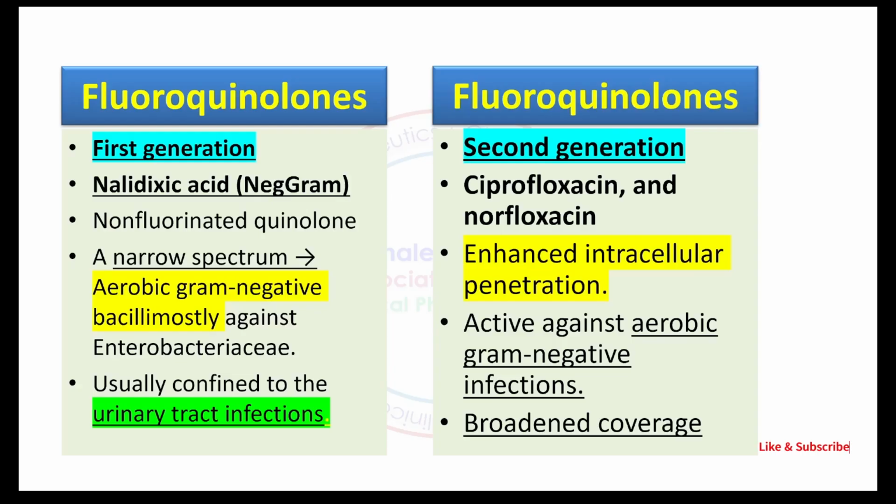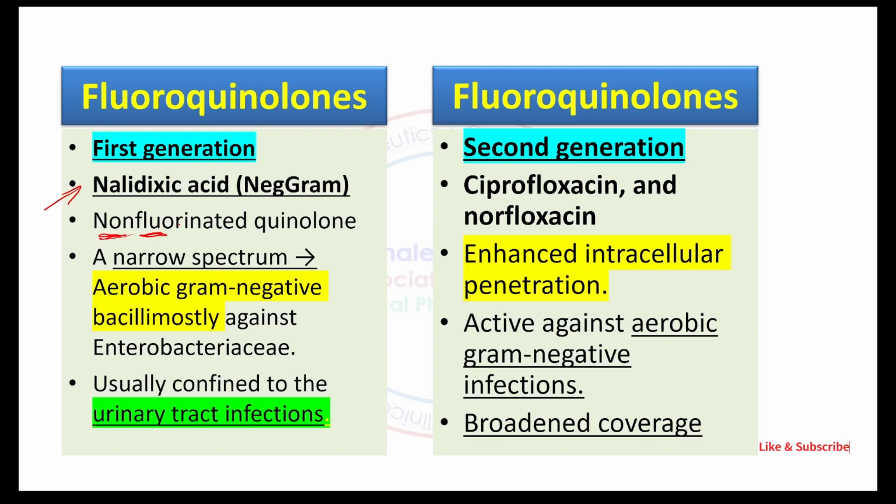This slide, or maybe two slides, to consider are the most important for us. We have fluoroquinolones, third generation. Here we have one antibacterial, nalidixic acid, and you can see here to consider it is non-fluorinated. We don't have fluorine here.